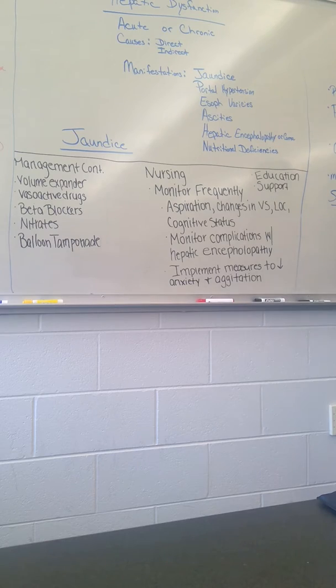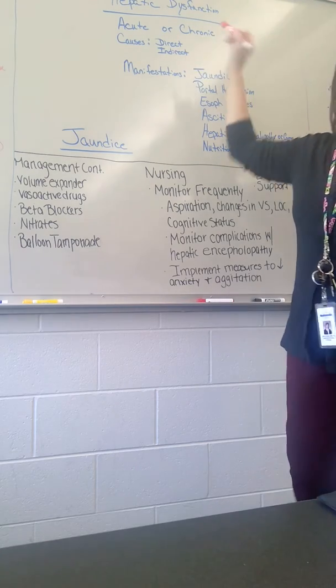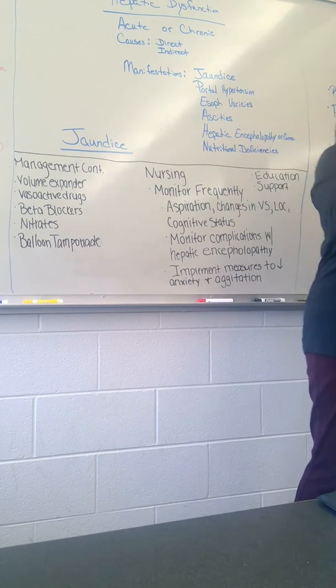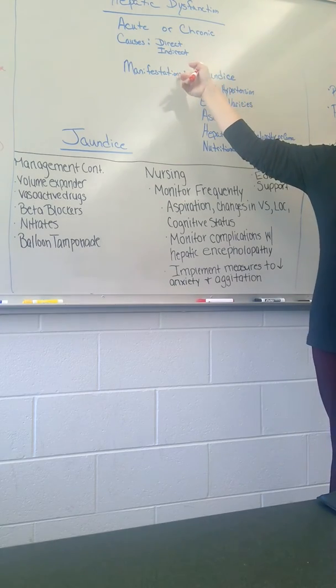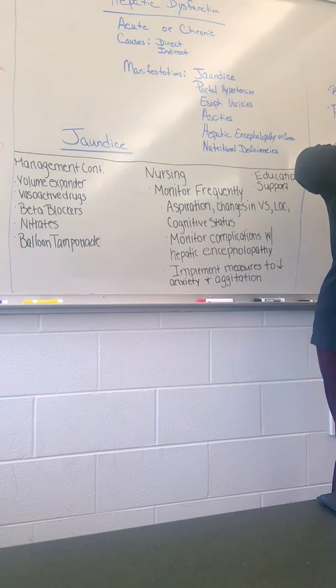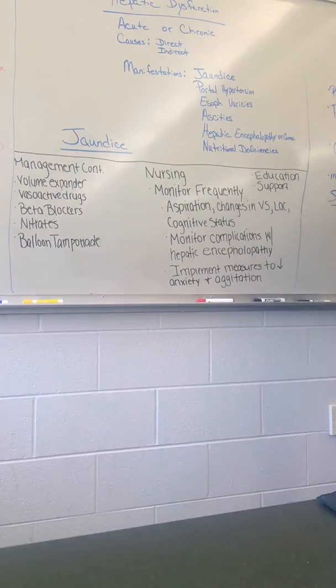Direct causes are something that happens right within the liver. It's caused directly from the liver. An indirect cause is something that doesn't happen within the liver. It's caused outside of the liver. So like a gallstone, or a tumor within that hepatobiliary system. It can be something of that nature.